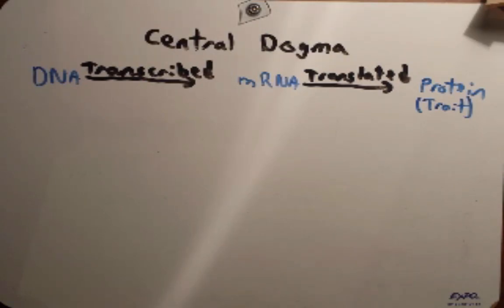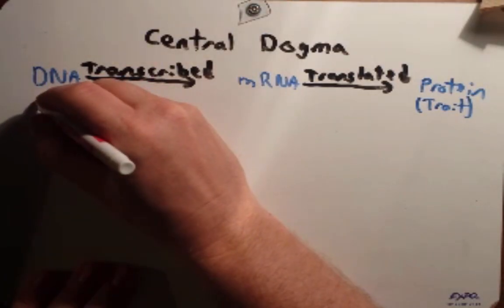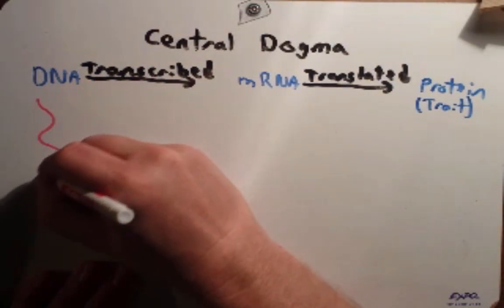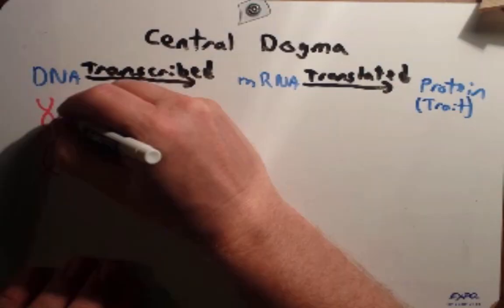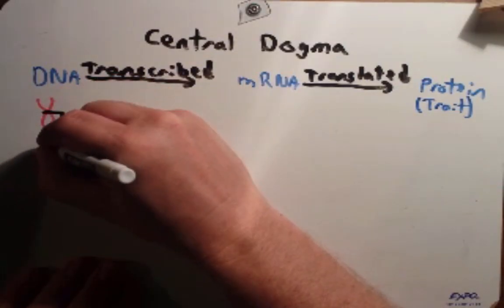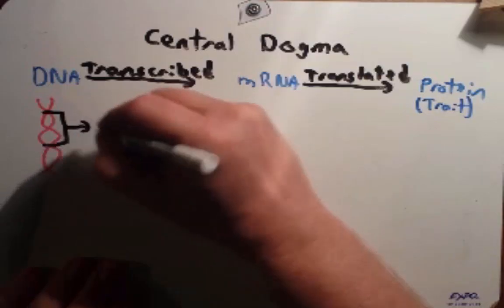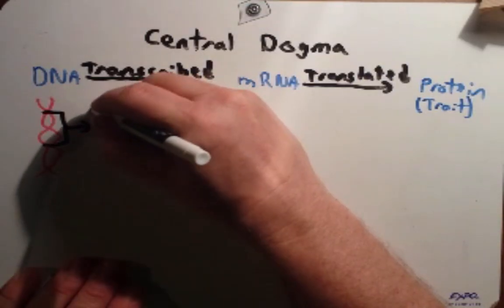Let's now talk about a specific example related to the central dogma here. So let's draw a piece of DNA. A very simplistic model here. And let's say a chunk of this DNA is a gene. So let's write gene here.